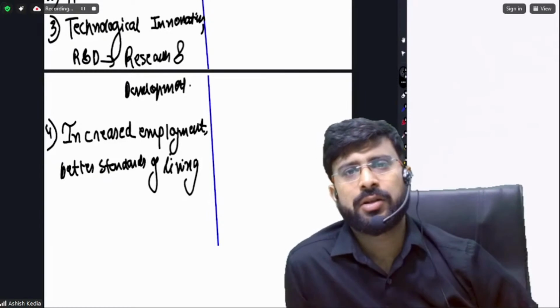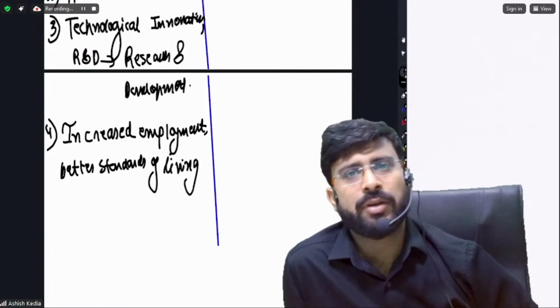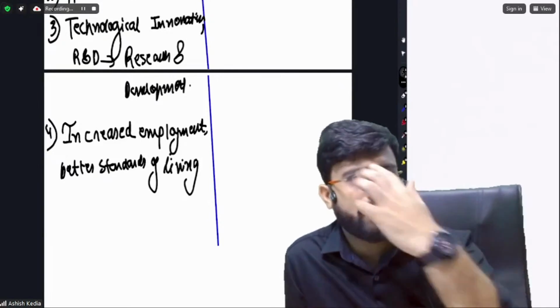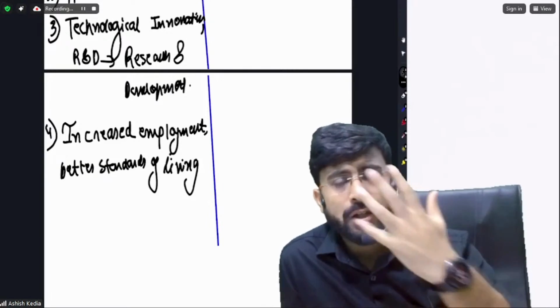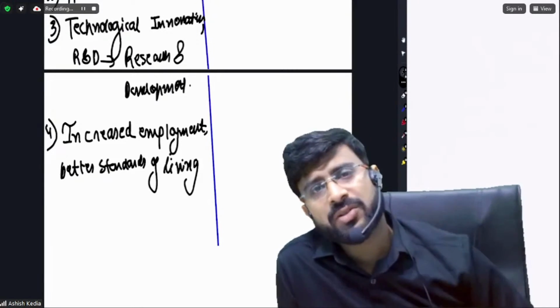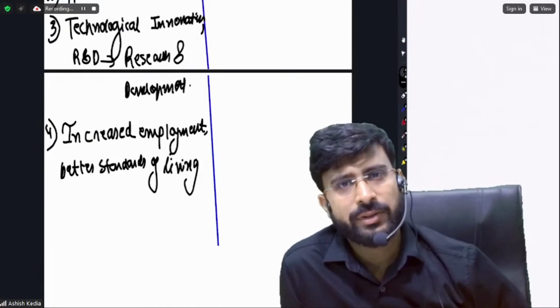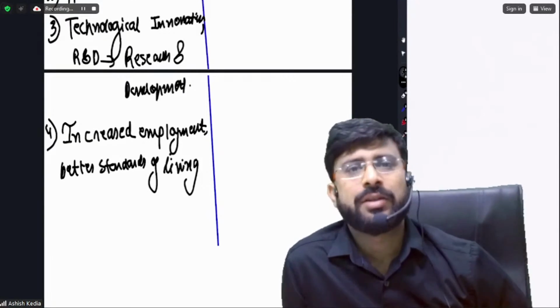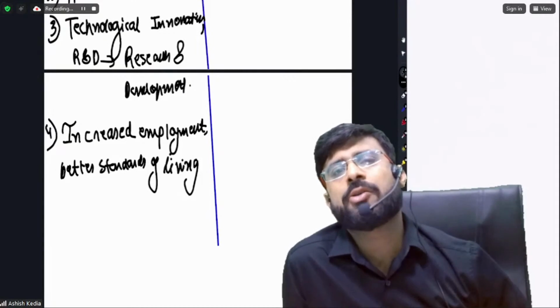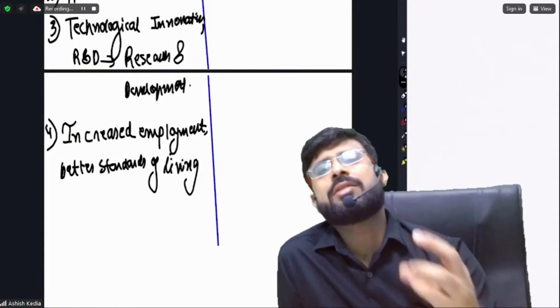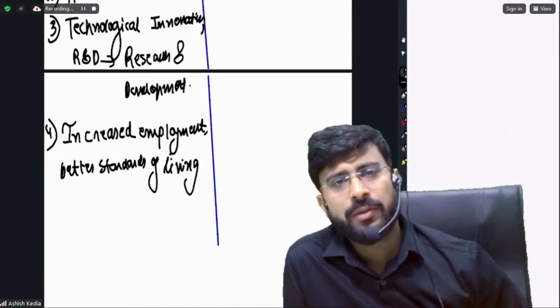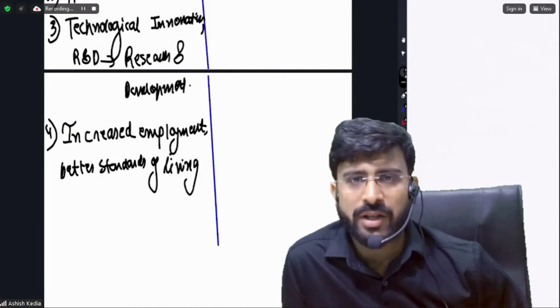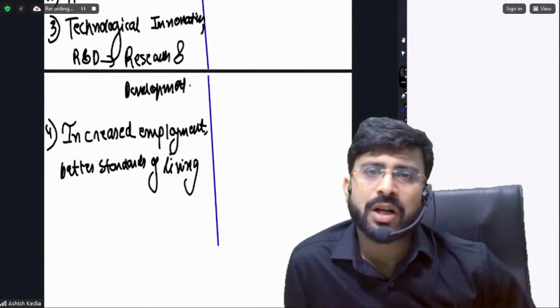Better standard of living. Friends, today you see I'm wearing spectacles. You see there are a lot of options of spectacles that I have. When does any individual's standard of living improve? Of course, when there are a lot of alternatives available.